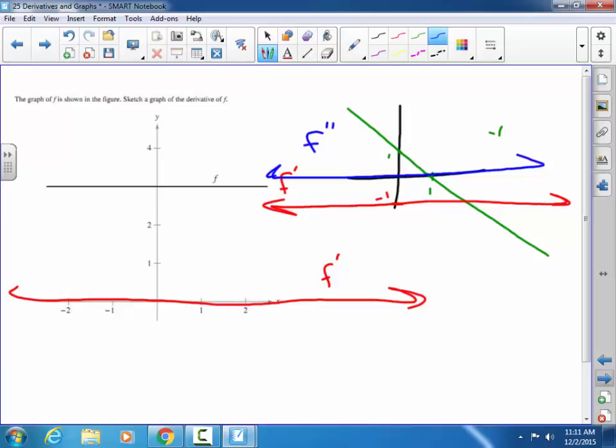Yes, ma'am? Can inflection points be critical points? Yes, you can. I don't have a theorem that proves this, but I don't think a point can be an inflection point and a critical point. Wait a minute. Yes, it can.